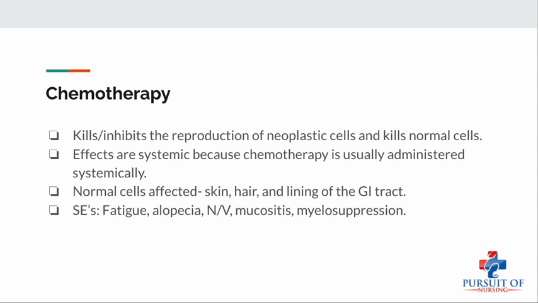The normal cells that are most affected include the skin, hair, and lining of the GI tract, resulting in alopecia, nausea, vomiting, mucositis, and myelosuppression. Mucositis includes inflammation and soreness of the gut and mouth, and then myelosuppression is going to include neutropenia, anemia, and thrombocytopenia.